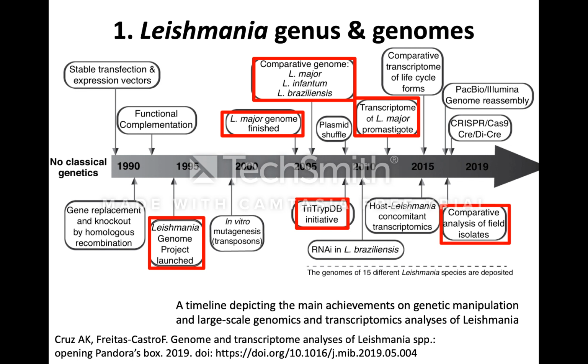More recently, extensive work on field isolates has been completed, and long-read technologies, PacBio, Illumina, Nanopore, BioNano, and so on, have enabled much better reference assemblies to be developed. This is important because Leishmania has a number of genomic characteristics that are quite unique, and therefore we need very accurate reference genomes in order to study it properly.